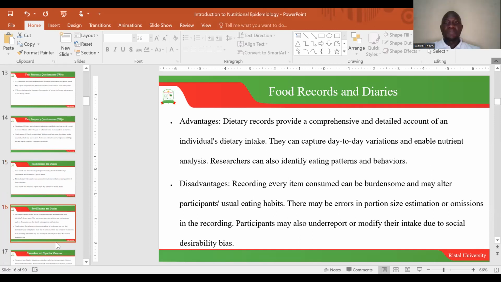But of course you're making the participants have a little bit of trouble, having to write each and everything that they have eaten or they're going to eat. The other challenge is also that the participants may not really report some foods that are not socially desirable.